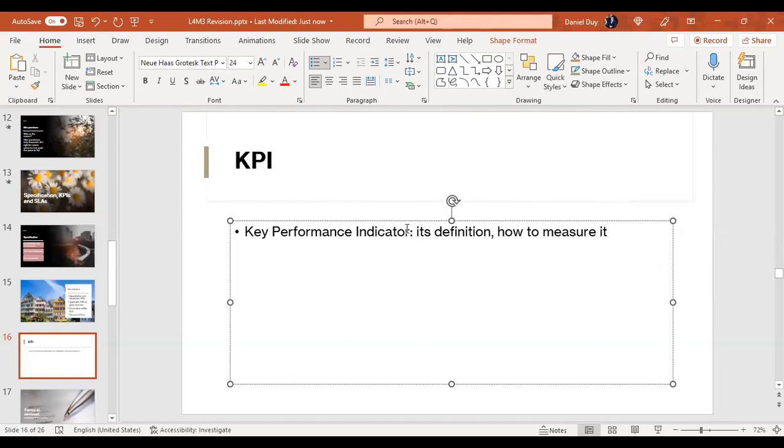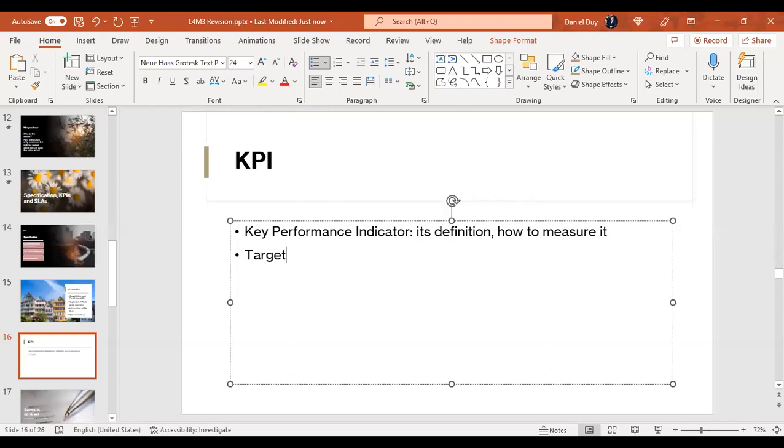Normally, a key performance indicator already has these two contents, and it sets no target. And to measure whether the supplier has performed well, then you would need a target.